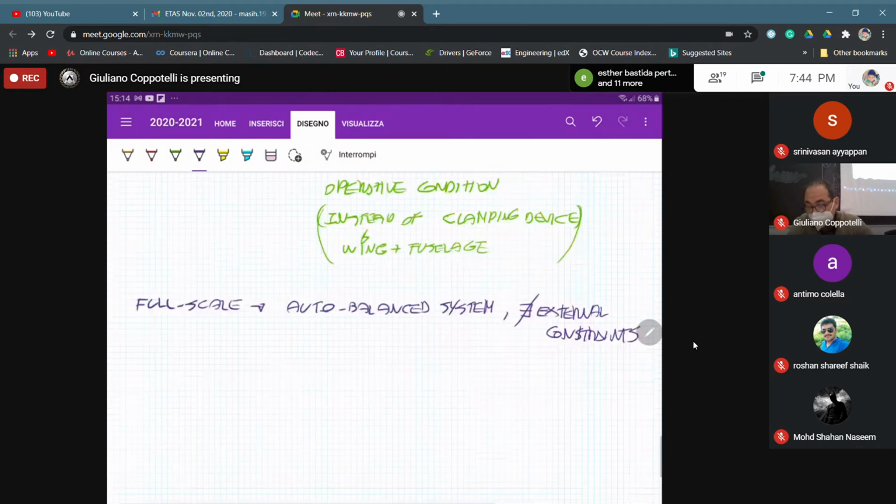That could be very interesting if you are able to do that, because that is an actual representation of the aircraft that is flying. So no external constraint, nothing else but the aircraft.